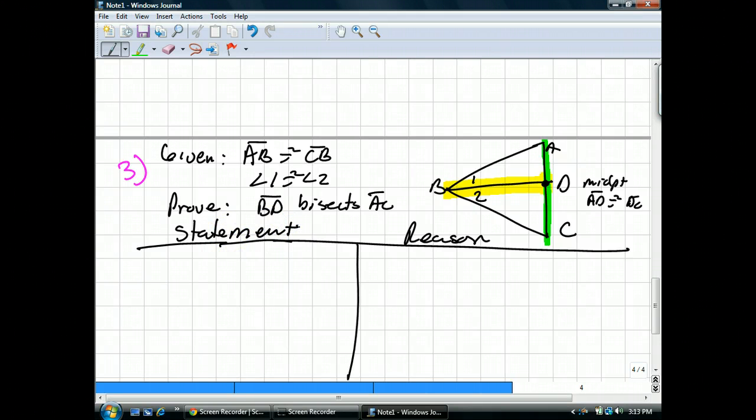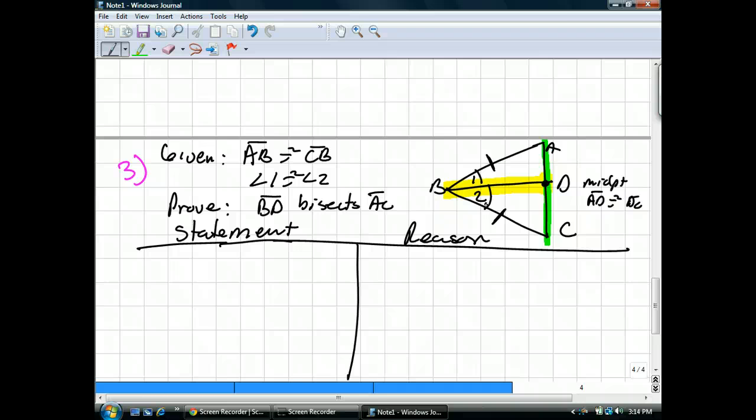Okay, and let's see what I know. I know that segment AB is congruent to segment CB, and that angle 1 is congruent to angle 2. So I have a side and I have an angle, so I either need another angle or I need another side.